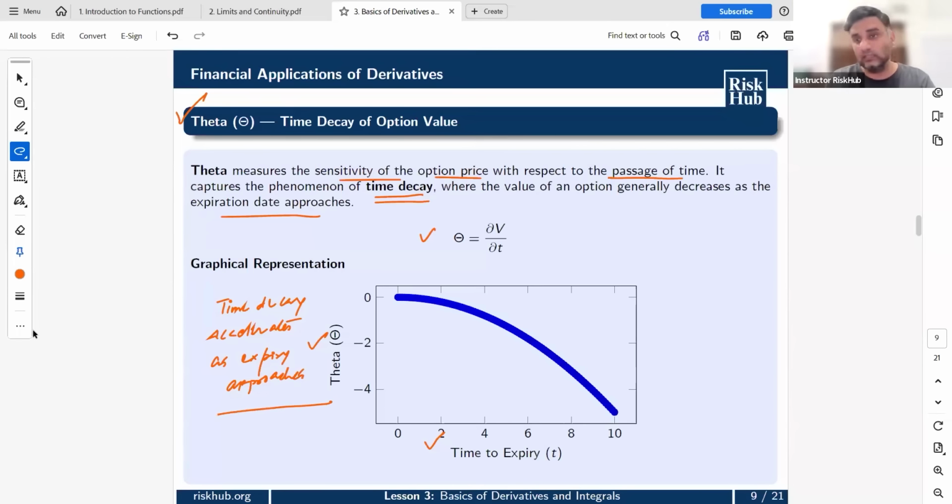So early in the option life, time decay is slow. Near expiry, time decay is very fast. Option sellers benefit from theta, with strategies which are made to capture time decay, such as short straddles, short strangles, covered call, iron condors. So option buyers must overcome theta with strong price movement, right? That is what we look at.